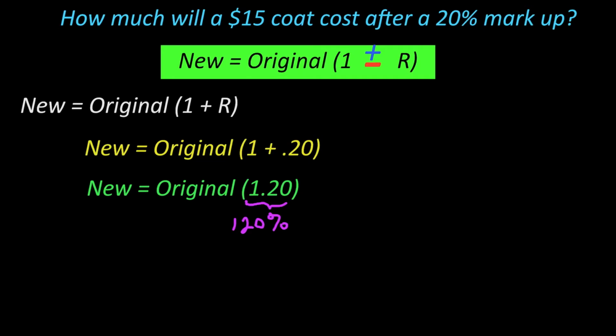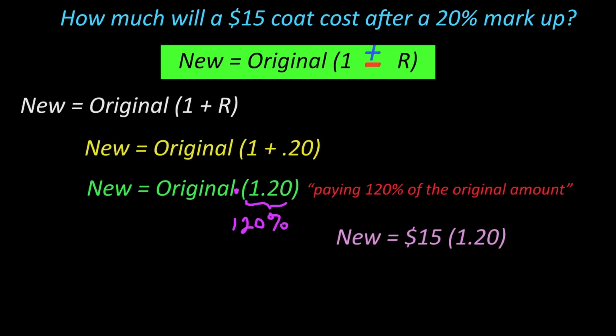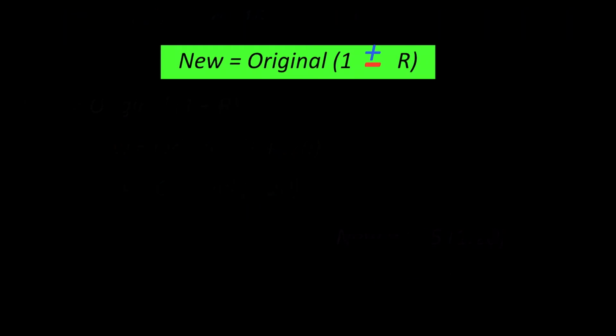Indeed, because of the 20% markup, we're paying 120% of the original. So that's why we're multiplying 120% in the form of 1.20 times the original. Again, very intuitive. Next, we substitute $15 for the original price, and our final price, or new price, is going to be $18.